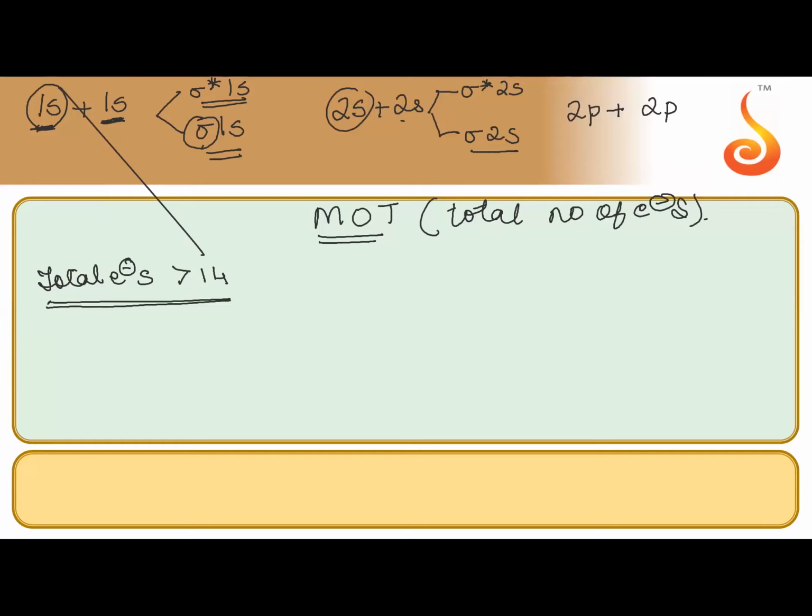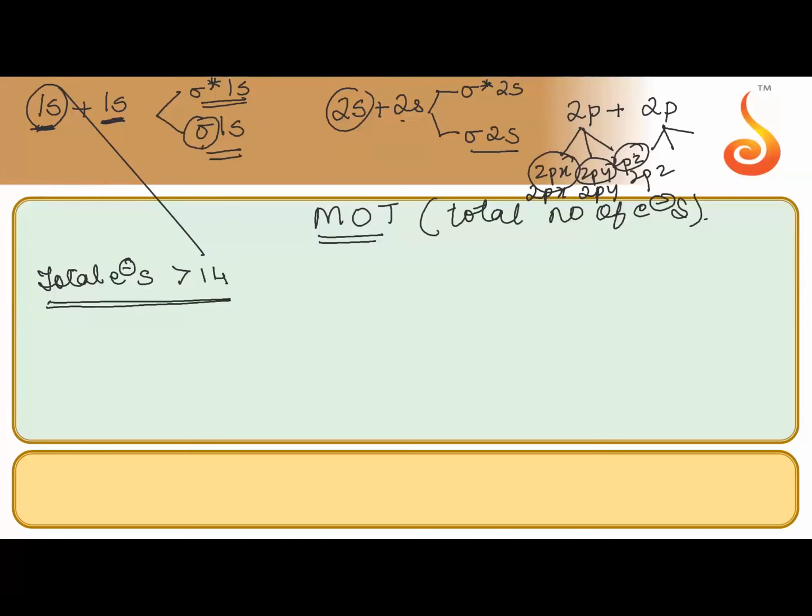The problem is in 2p there are three orbitals. 2px combines with 2px, 2py combines with 2py, 2pz combines with 2pz. In inorganic chemistry, z is normally considered as the reference axis or internuclear axis.